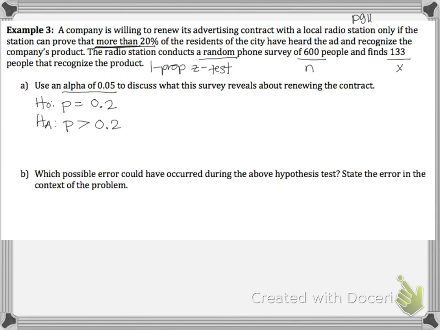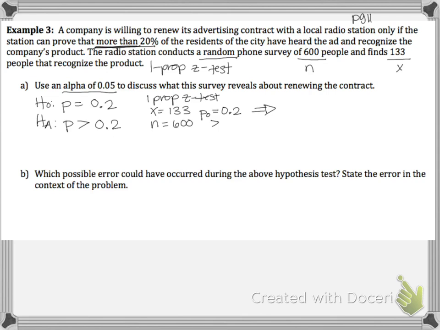The hypothesized value here is 0.2. So here we would go to our calculator to run a 1 prop Z test, and we would make X equal to 133, N will be equal to 600, and P naught is going to be equal to 0.2. Sorry, I didn't go in order. And then we want to choose the greater than symbol.